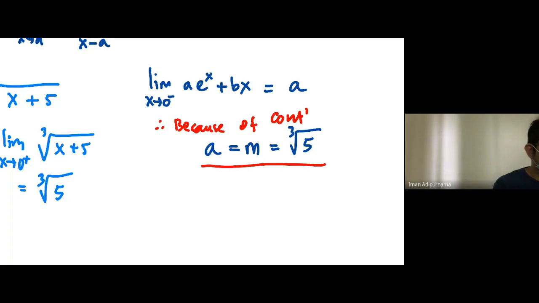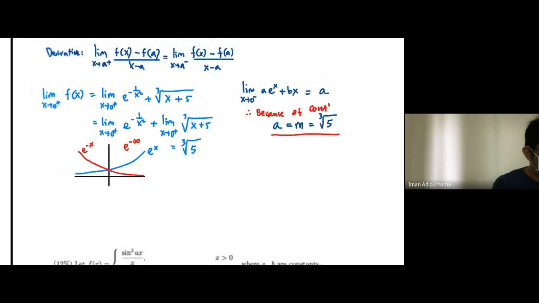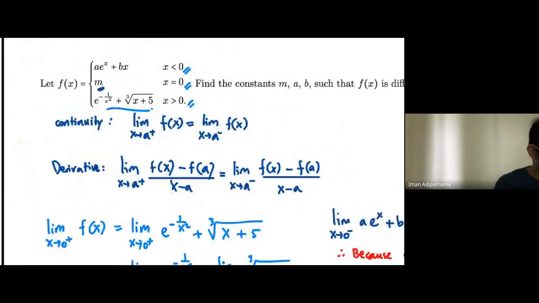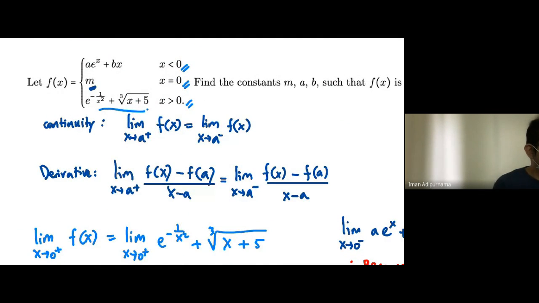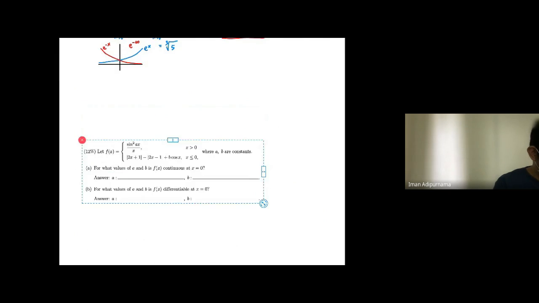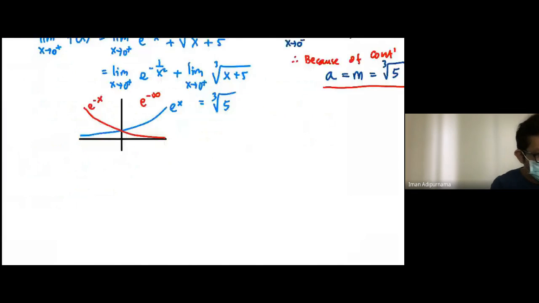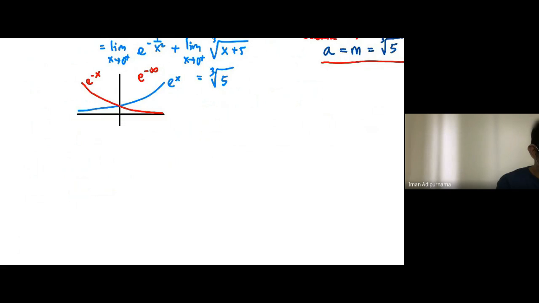Now we haven't finished yet. We still have b. We need to find b. Let me put it down here. Let me use green color.